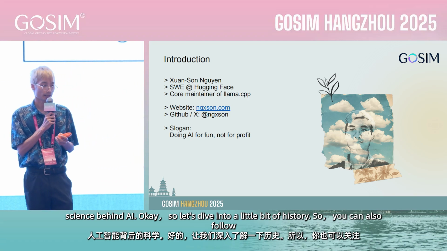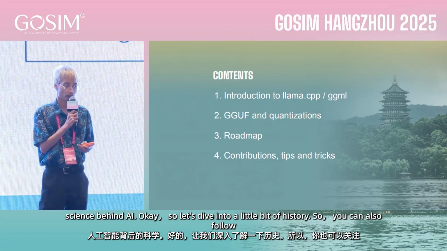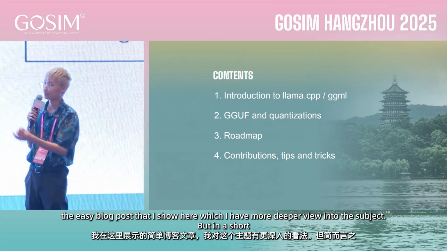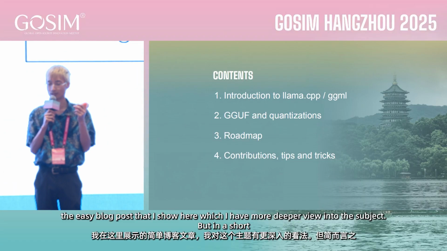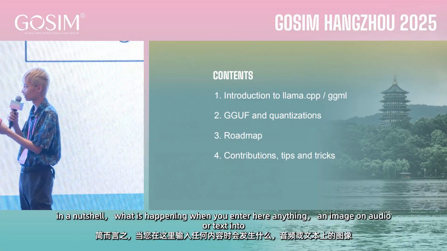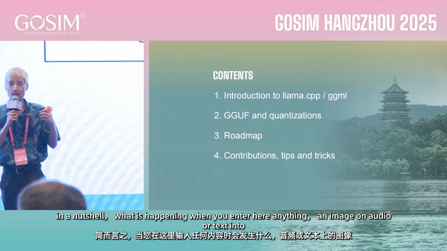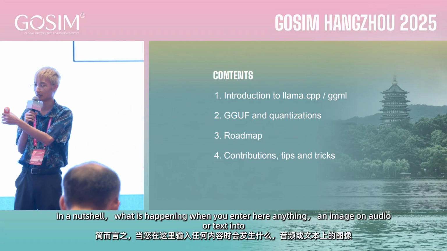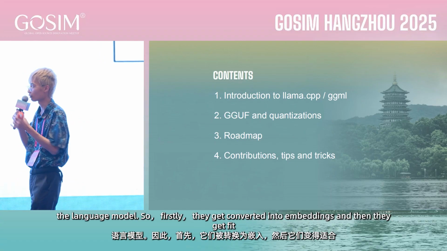Okay, so let's dive into a little bit of history. You can also follow the blog post that I show here, which has a deeper view into the subject. But in a nutshell, what is happening when you enter an image, an audio or text into the language model?